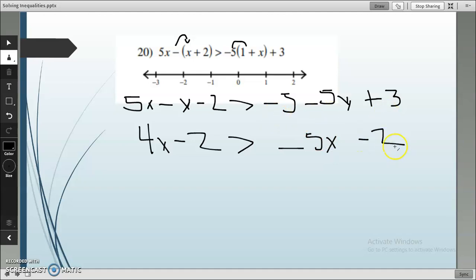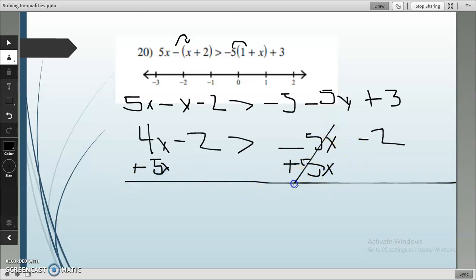Then I want all my variables on one side. So I'm going to add 5x to both sides. And I'm not trying so hard this time, guys. I'm going to try to do better. So I get 9x minus 2 is greater than negative 2. I'm going to add 2 to both sides.